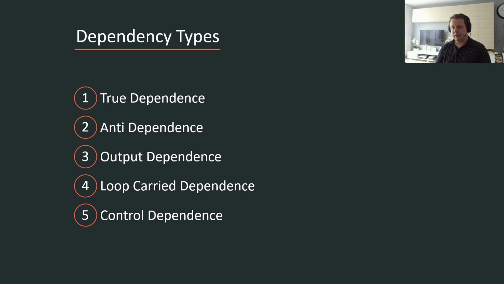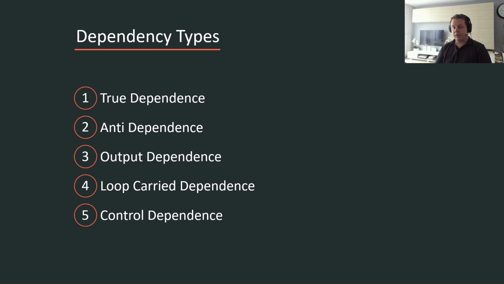But let's see what the dependency types are. What we have is a true dependence, which means that your write is dependent on a read that has to happen or just happened. We have the anti-dependence, which is the opposite, which means that your read depends on the write that just happened in the previous statement, right?